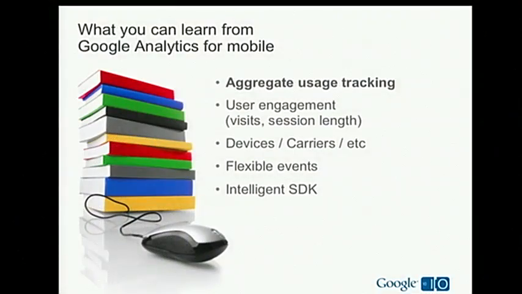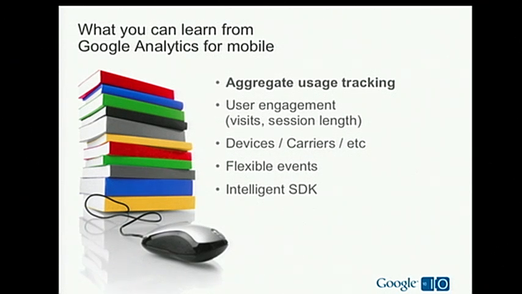So let's talk a little more about exactly what we can do in Google Analytics for mobile apps. As I've mentioned, the basic thing is aggregate usage tracking. We have borrowed the concept of the page view, which is a very fundamental metric out there on the web. How many page views are you getting a day? How many unique visitors divided by page views are happening? All of these things, and brought it straight into your app.